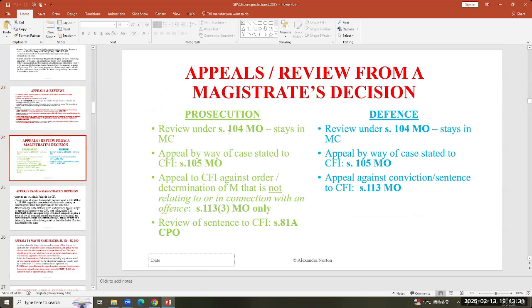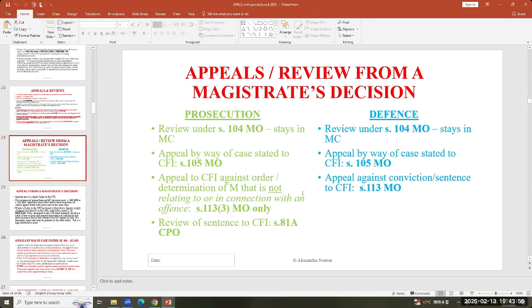So I just put a little summary chart here for you on slide 24, just to show you the options of the prosecution and the defense to appeal or review a magistrate's decision. Either the prosecution or defense can use the 104 review procedure. Either can use appeal by way of case stated.